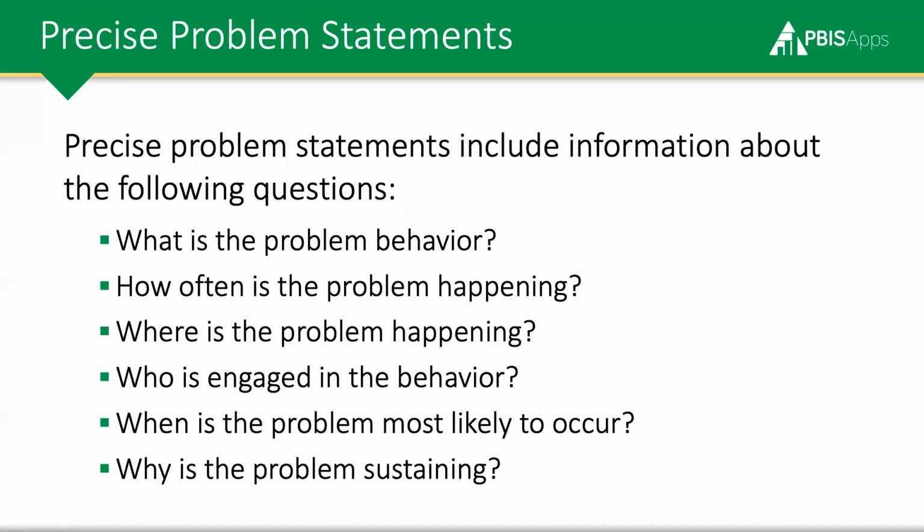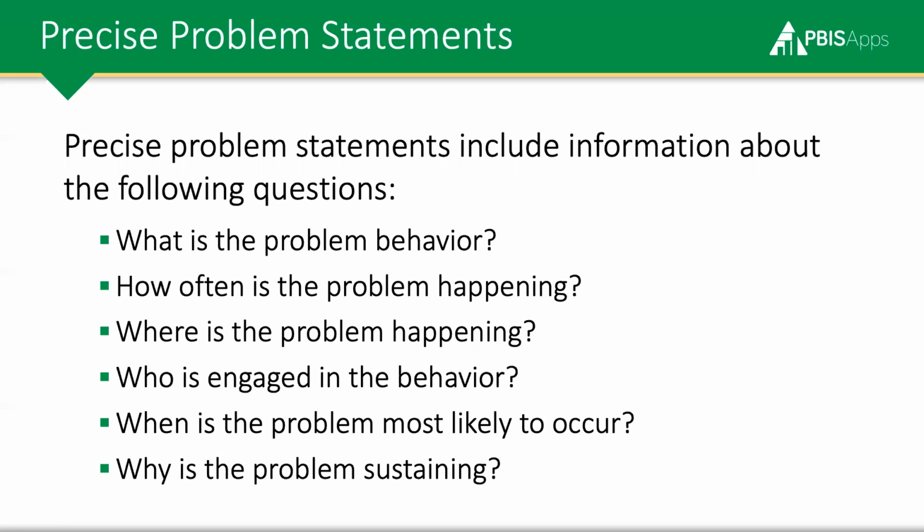And one thing to check in your particular data system where you're keeping your referral data: do you collect and do you track perceived motivation? Do you track the why of a problem behavior? If I'm entering an office referral into Panorama, into your system, is perceived motivation a required field? In SWIS, it is. In SWIS, that's a required field. We need teachers, when they are completing the referral, to indicate why.